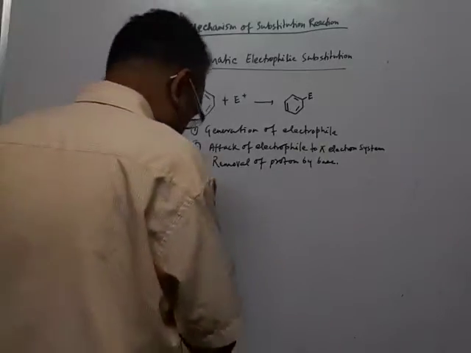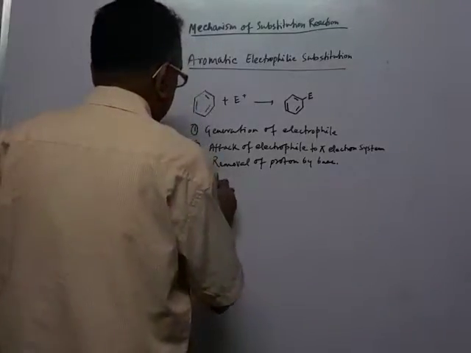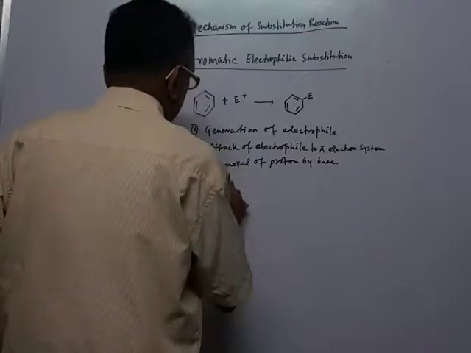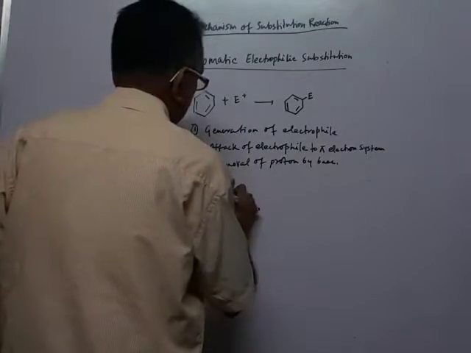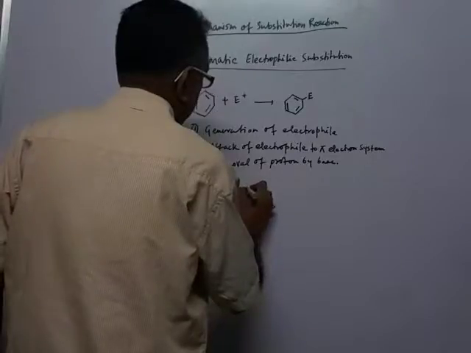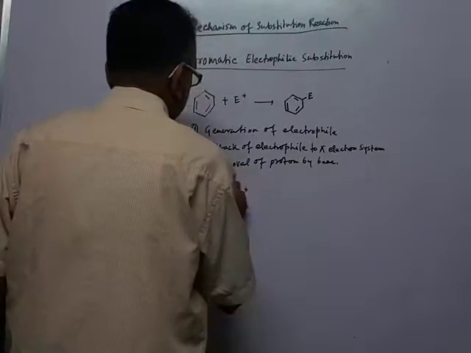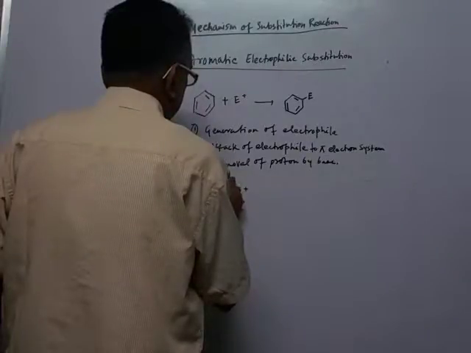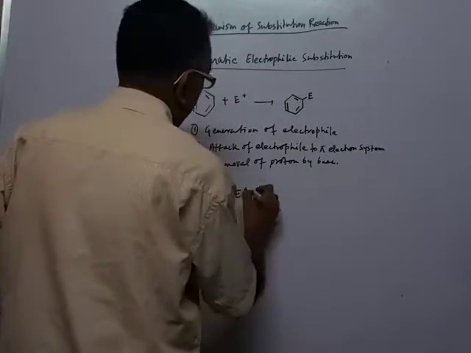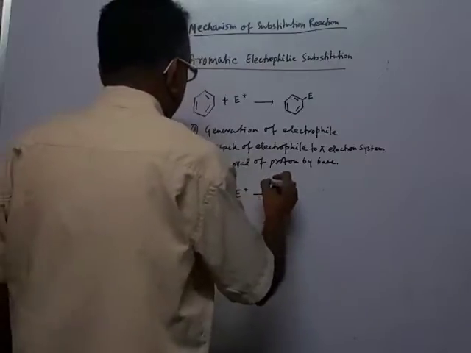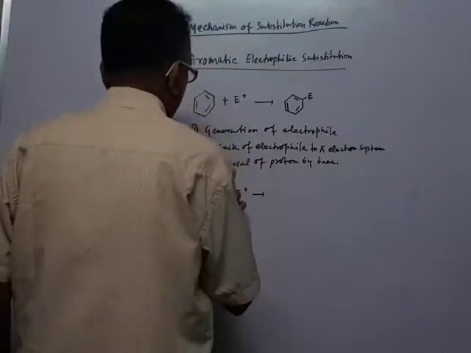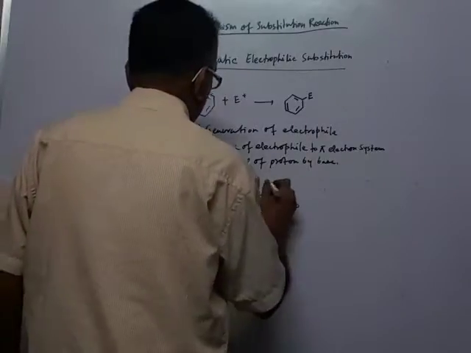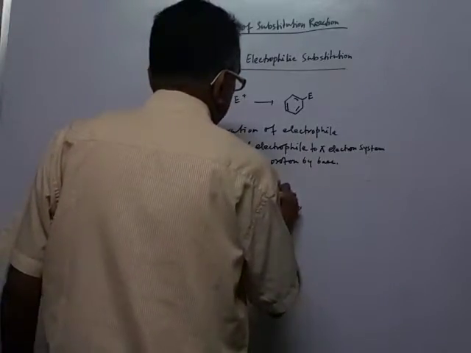Now if we look into the mechanism, it is as follows. E plus polarizes this pi bond, and we are getting this species.